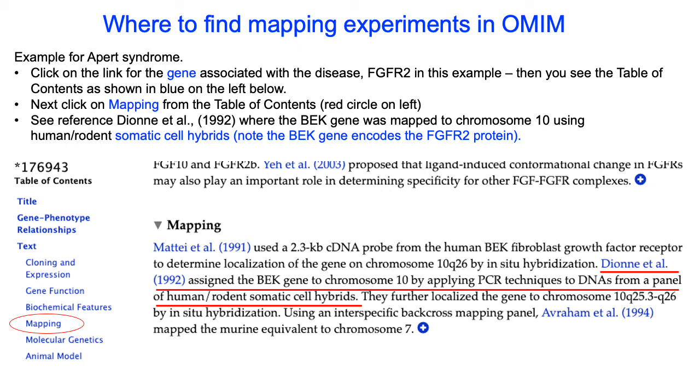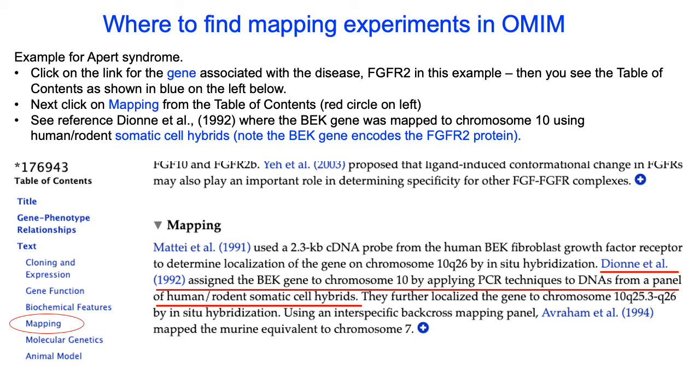So we've got in blue on the left below the different sections. And if we click on mapping, which I've circled in red, you would see the paragraph that is shown here on the slide. And what you can see where I've underlined in red is that the Dionne et al. 1992 paper actually was able to map this gene to chromosome 10 using human-rodent somatic cell hybrids.